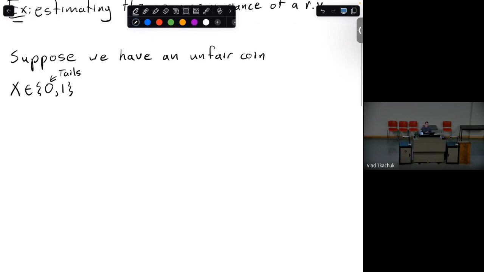right? The other thing I'm going to say is that x comes from this distribution for x, and that distribution is a Bernoulli distribution because it's a coin flip. So I would write something like this. And I have to write the parameter, which is alpha. This tells me the unfairness level of the coin.